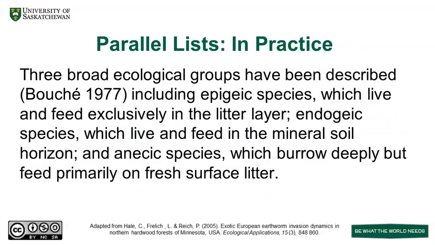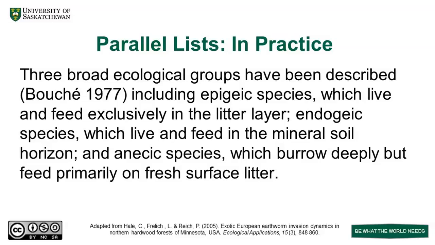So here is an example that I like to use when talking about parallelism in practice. It comes from the journal Ecological Applications, and it is about worms, the European earthworm, which is an invasive species in North America. But here we see where a scientist has written up their research in a complex parallel list.